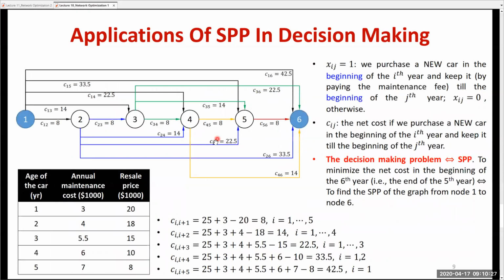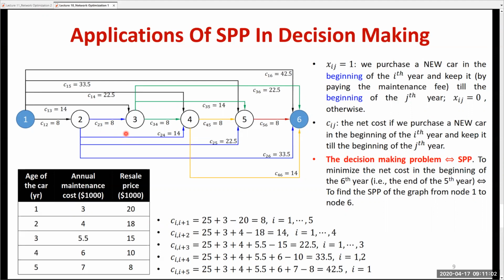However, if we think about it this way, in other words, I actually created a network, then it's going to be easier. Why? Because each of these Cij represents your strategy, your action. Once you have a Cij, you know what it's going to cost. If I start purchasing a new car from node i, at the beginning of the ith year, and sell it at the beginning of the jth year.